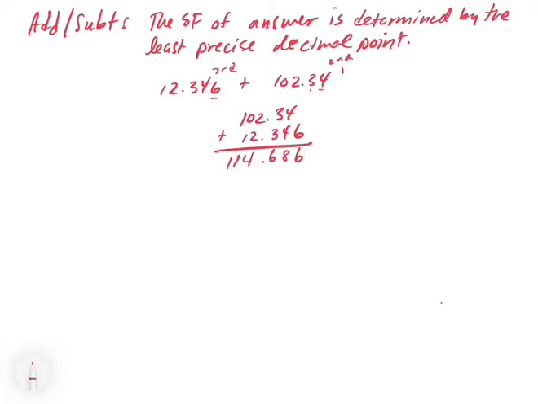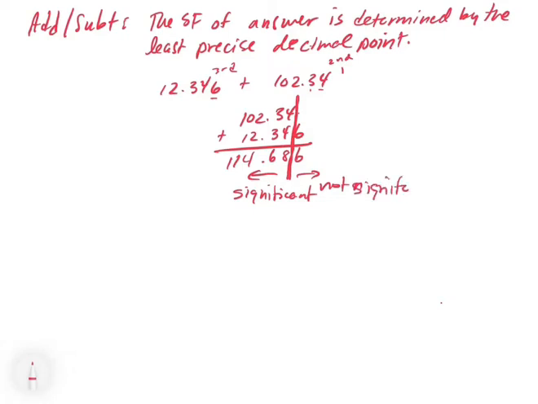Now, what you're going to do is drop a line at the least precise decimal point. So if you look, the 4, there's no significant digits past that 4. So I'm going to drop a line here, and I'm going to say everything to the left is significant.